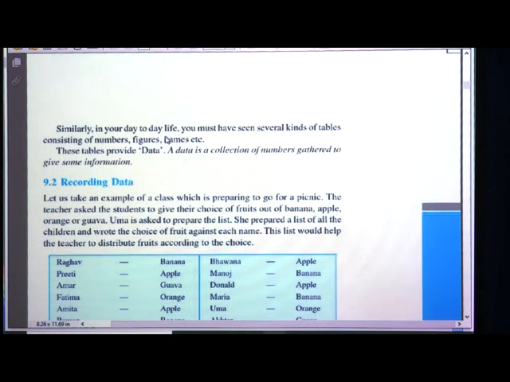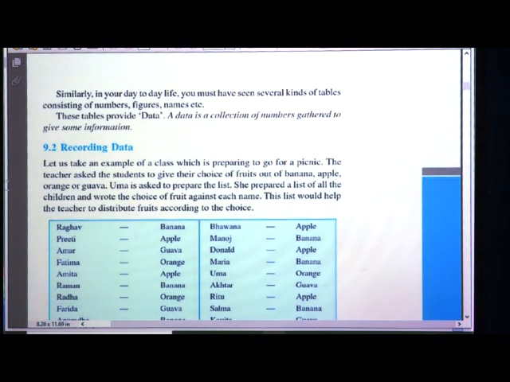Similarly, in your day-to-day life, you must have seen several kinds of tables consisting of figures, names, etc. These tables provide data. Data is a collection of numbers gathered to give some information. So it is a table wherein a collection of data is done and it gives us some information.